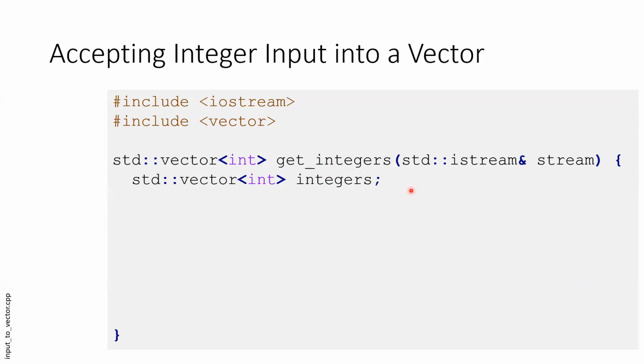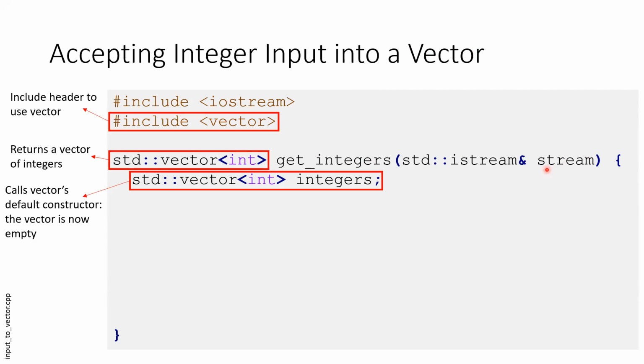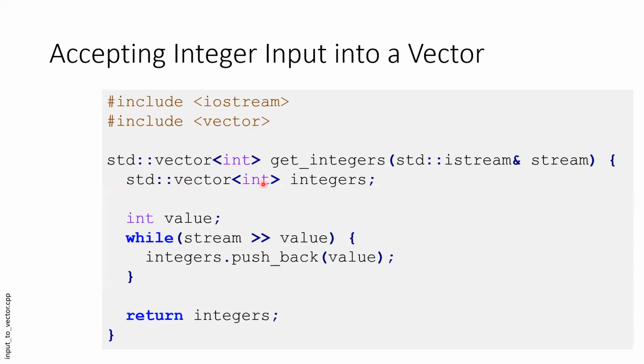For example, if you want to read integers from some input stream, first include vector to use vector, and this function wants to return a vector of integers. Inside this function, make an empty vector of integers. Then you do while stream is not end of file.